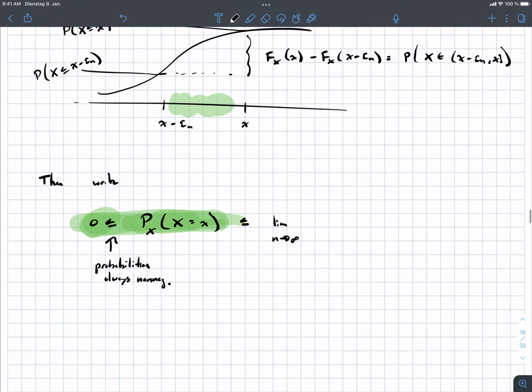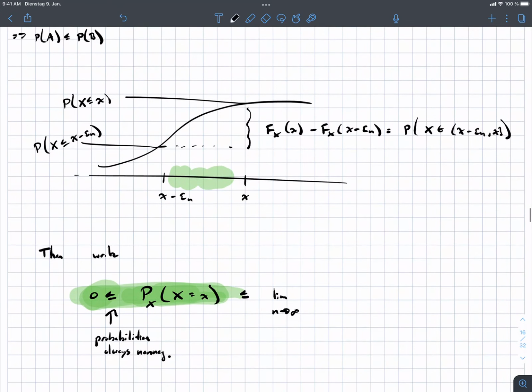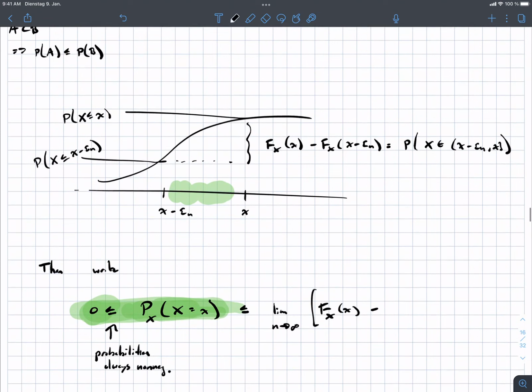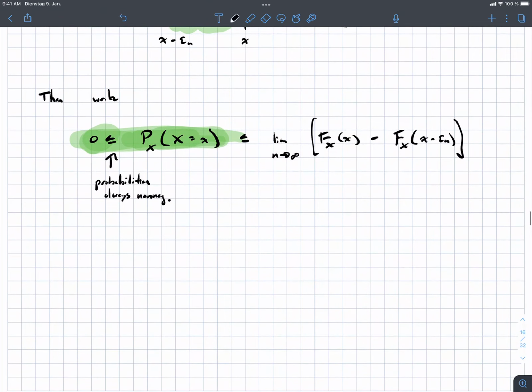So I can put the limit of F_X(x) minus F_X(x minus epsilon_n). If I take this limit, it passes by the first one, and then I've got the limit as n goes to infinity of the CDF evaluated at x minus epsilon_n.